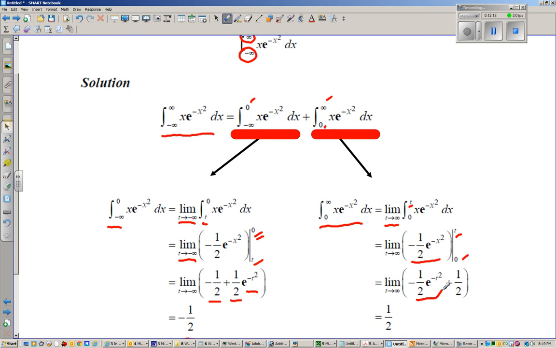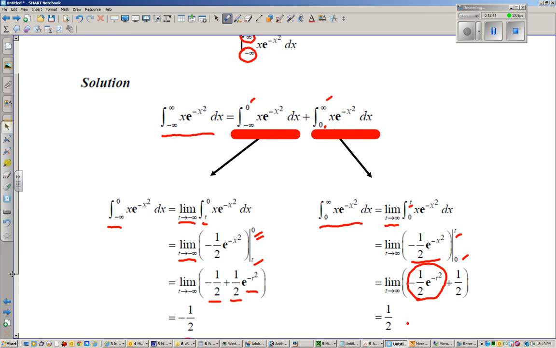That whole term is going to go to 0. You're going to get negative 1 over 2 times 1 over e going to infinity, and it's going to take it to 0. And 0 plus 1/2 is 1/2.